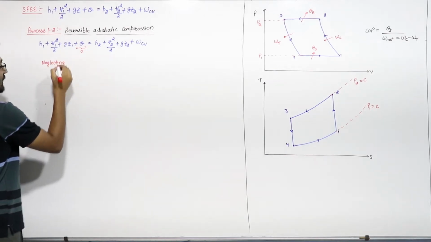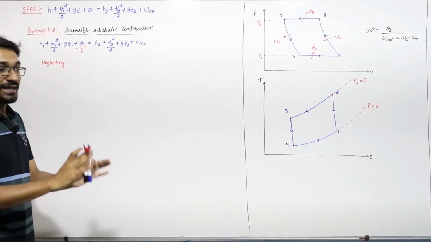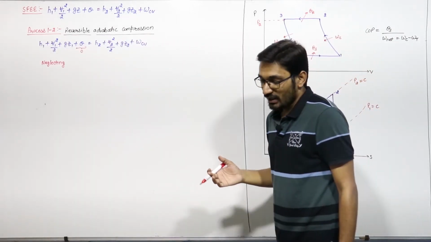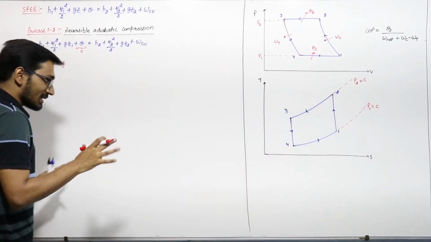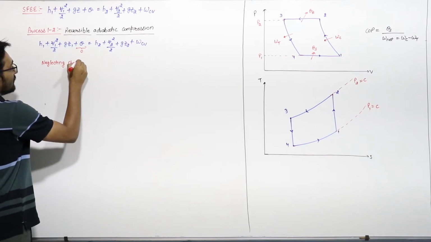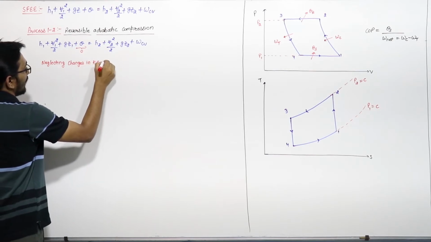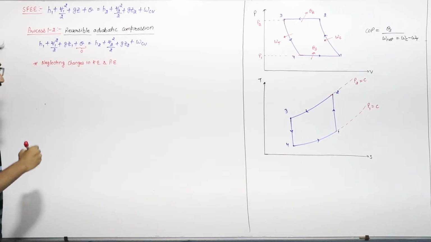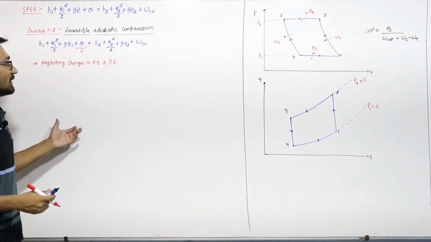I am writing all the assumptions with the red pen so that you will understand what assumptions we are taking while deriving these equations, right? These equations cannot be applied in any question. There are some assumptions which we have to take. We are neglecting the changes in kinetic energy and potential energy.